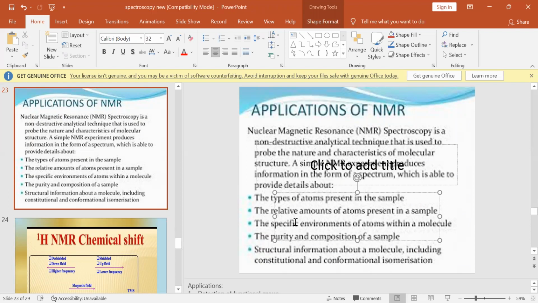Next, the relative amounts of atoms present in a sample. The specific environments of atoms within a molecule. The purity and composition of a sample. Structural diagnosis by NMR qualitative analysis. These are some of the applications of NMR spectroscopy.